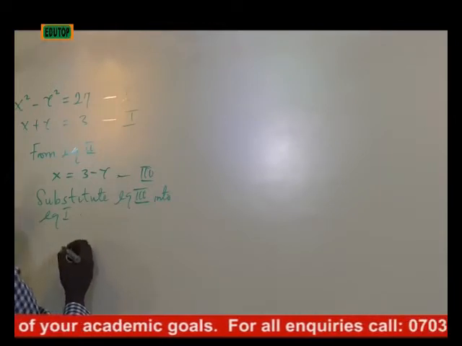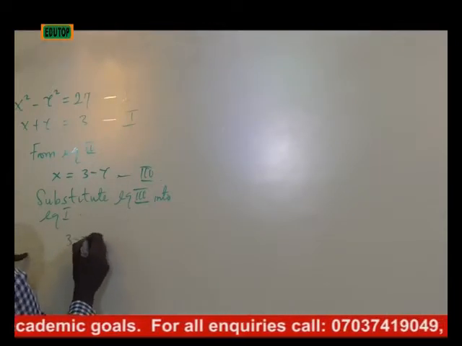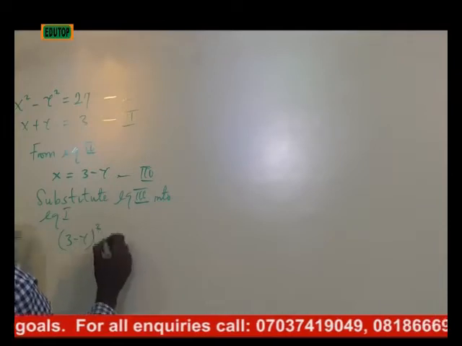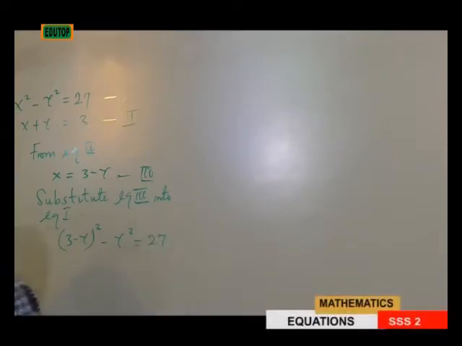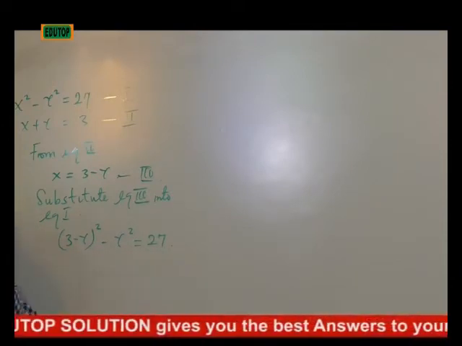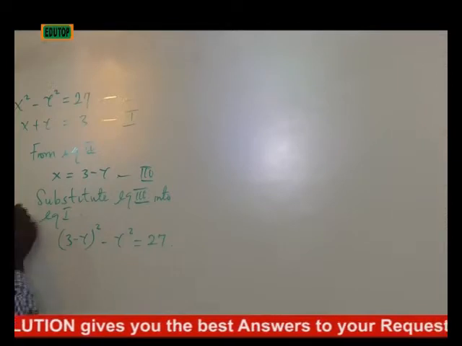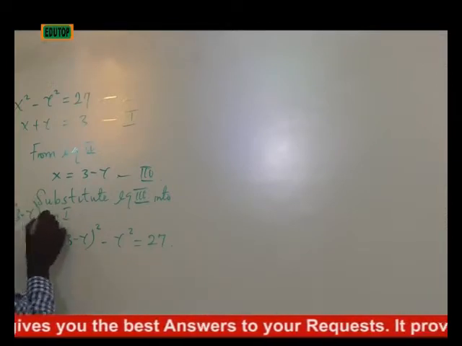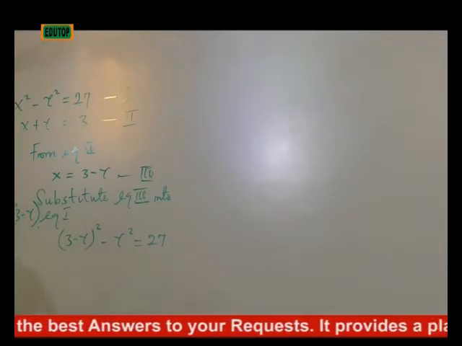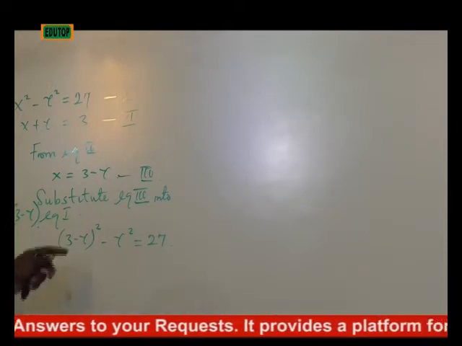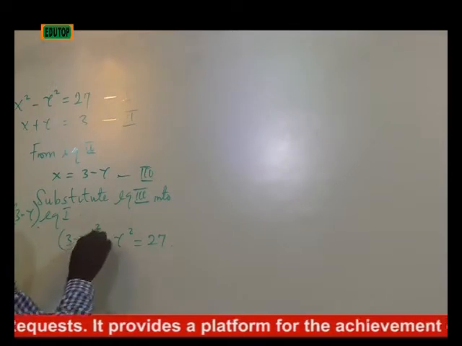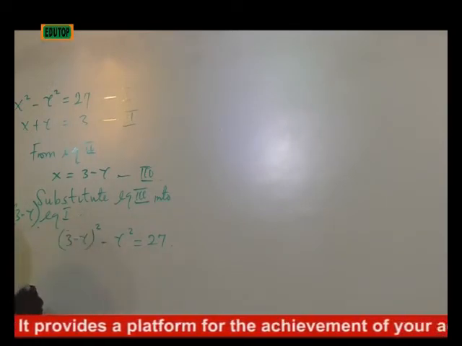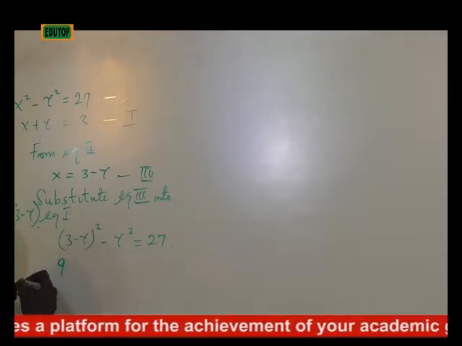So in the first case, we have x squared, so it will be 3 minus y all squared minus y squared equals 27. Now, instead of going through the rigor of expanding this way, which is time consuming, here we expand by this short method. This 2, place it on this, it becomes 3 squared, and that is 9.